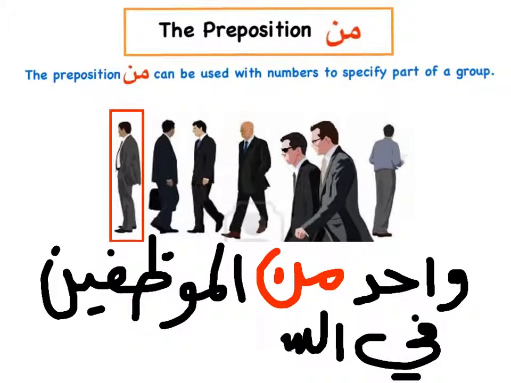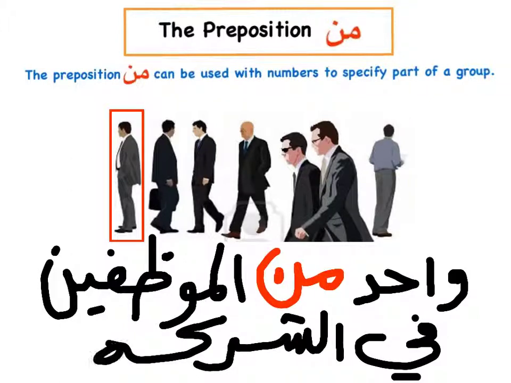He's one of the employees in the company. Notice من is used to specify one out of many, one person out of a number of people.